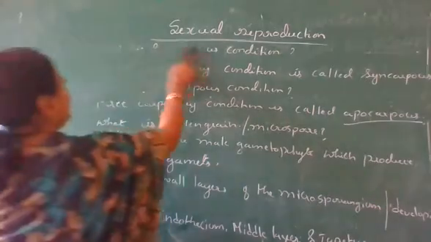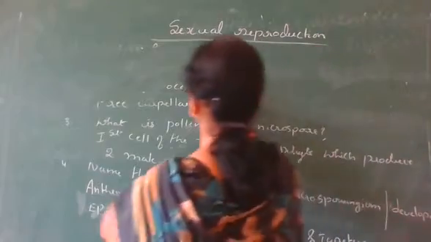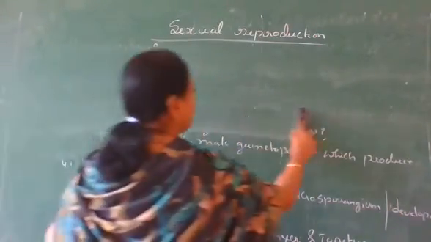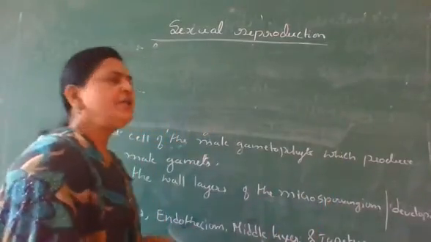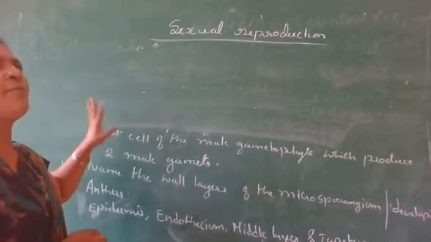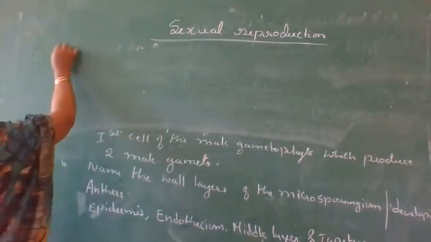Now, the next question is, name the wall layer of the microsporangium or anther which acts as nutritive tissue for the development of microspores.